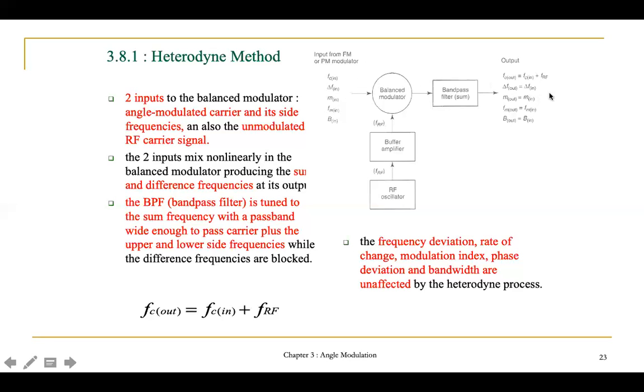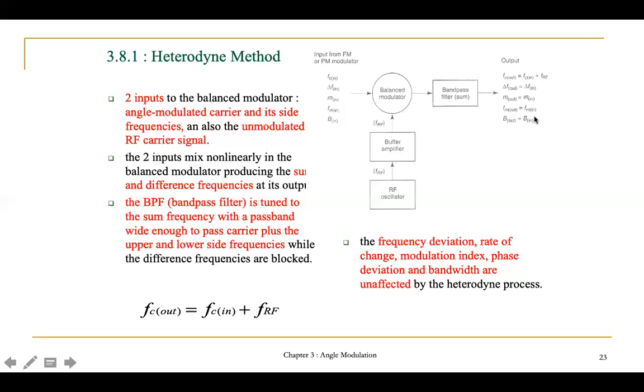So the output FC out will become FC in plus FRF, the frequency that we generate using the RF oscillator. However, the other parameters, delta F, modulation index, modulating frequency, and also the bandwidth remain unchanged. The only parameter that is changing is the carrier frequency, FC.